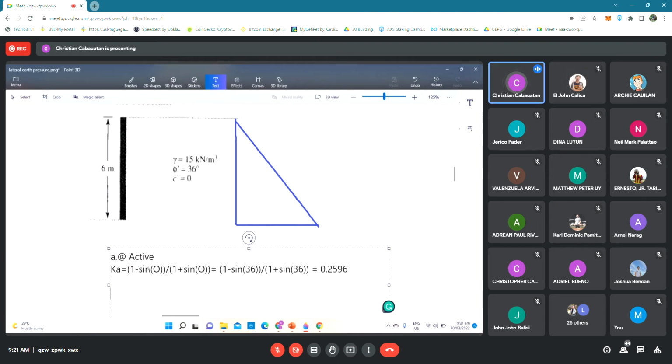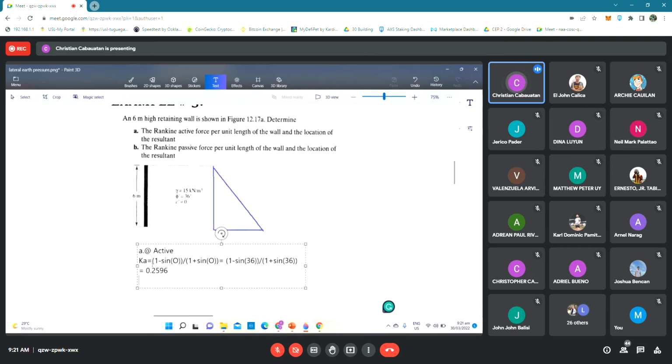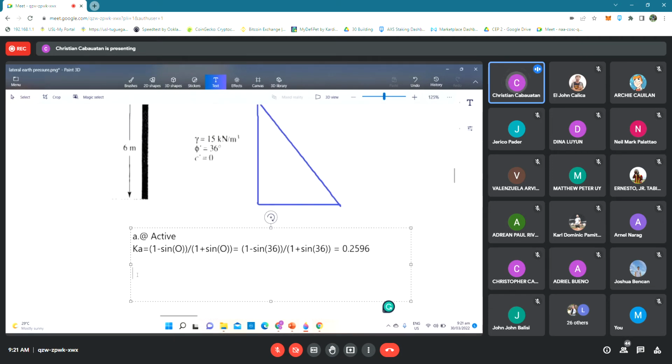So the next thing would be the pressures. In determining the pressure, what was the question earlier? It is the pressure, force per unit length. So the pressure, Po, at 6 meters. It is just noted, it is not two layers. Okay?